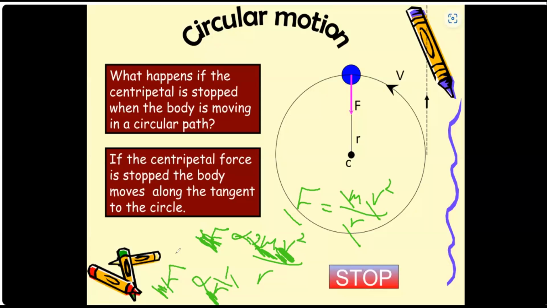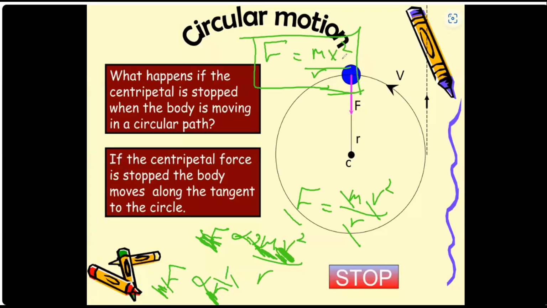Take a nice strong plastic container at home, bore two holes in it, put water inside, and investigate this relationship: F equals mv squared over r. If I ask you questions in the test about it and you don't know, you can't blame me.